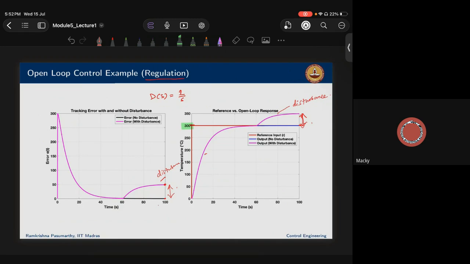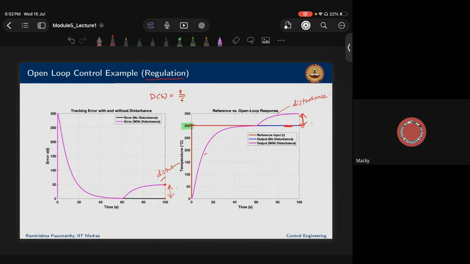Here you can observe two things. The red one is the reference value r of t that we want our system to regulate to. Here you should see the left image only. This is the output without disturbance.